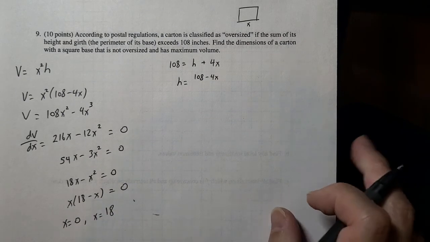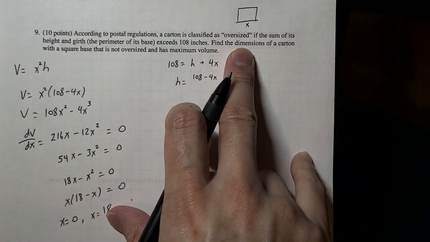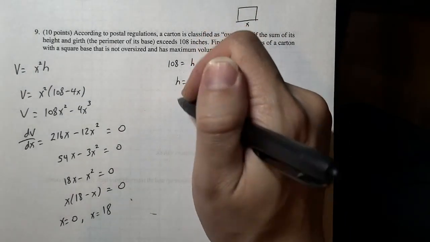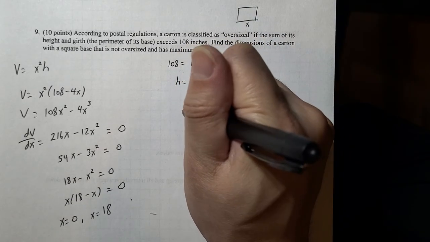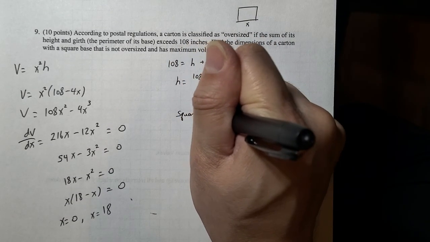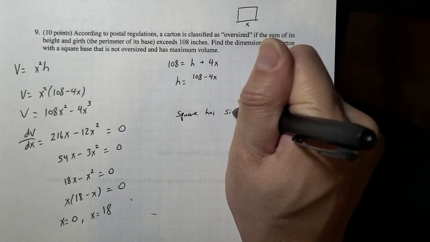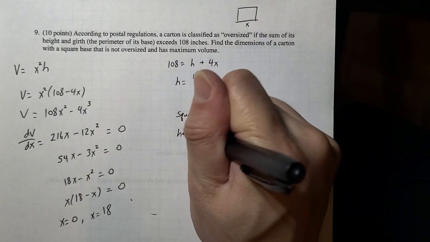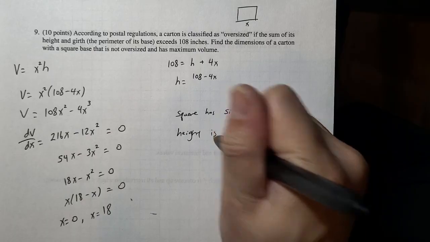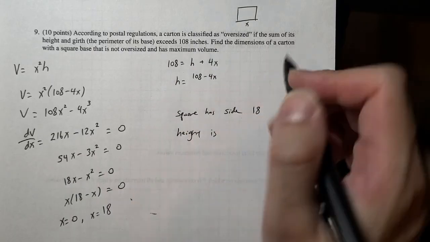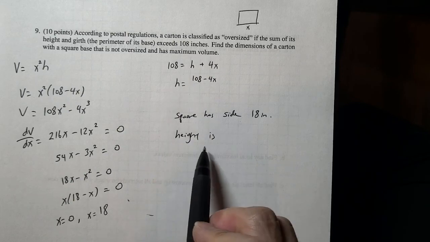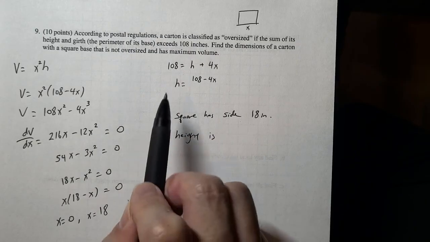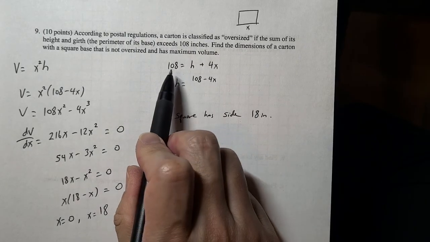Okay. So what are we asked? We're asked to find the dimensions of the carton. So we found one of the dimensions. The square has side 18. Okay. And by the way, don't forget the units, which is inches. For the height, we can just plug into here. We can be right at the edge, and that will still be okay. The edge meaning this limit of 108.